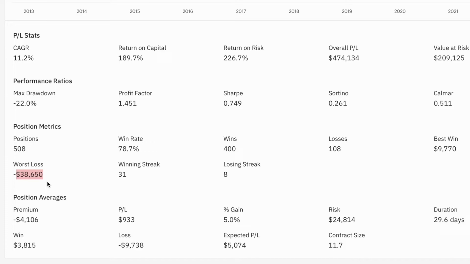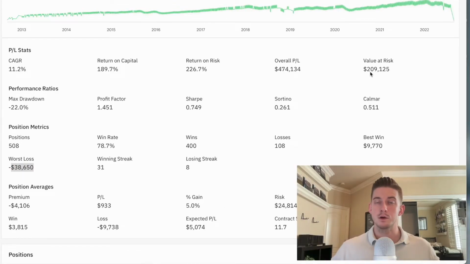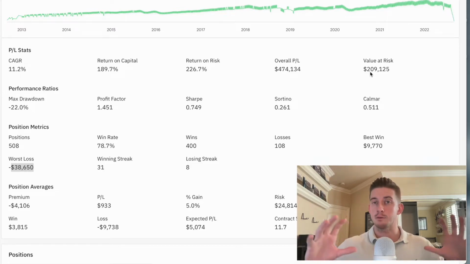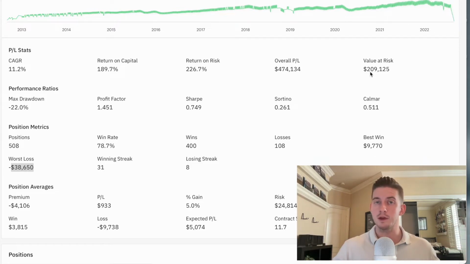So of course, if you're going to use stop losses, then on a per trade basis, your worst loss is going to be smaller. But still overall, when you factor in your final profit at the end of this 10-year period and you factor in your max drawdown as well, both of these metrics, which are very, very important, were both worse when you were using stop losses compared to when you were not using stop losses.